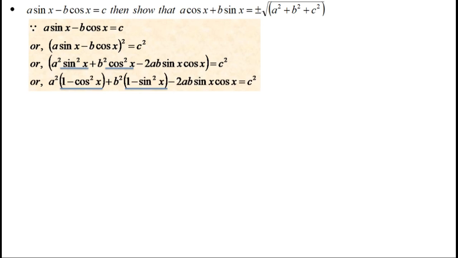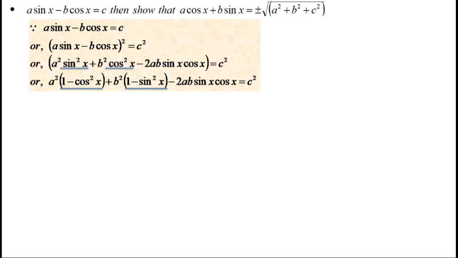Now put the value of sin square x and cos square x from this identity, and we get a square into (1 minus cos square x) plus b square into (1 minus sin square x) minus 2ab sin x cos x equals c square, which equals a square minus a square cos square x plus b square minus b square sin square x minus 2ab sin x cos x equals c square.